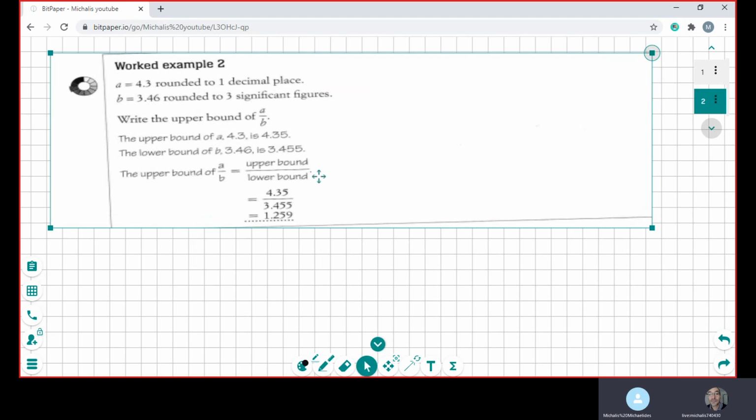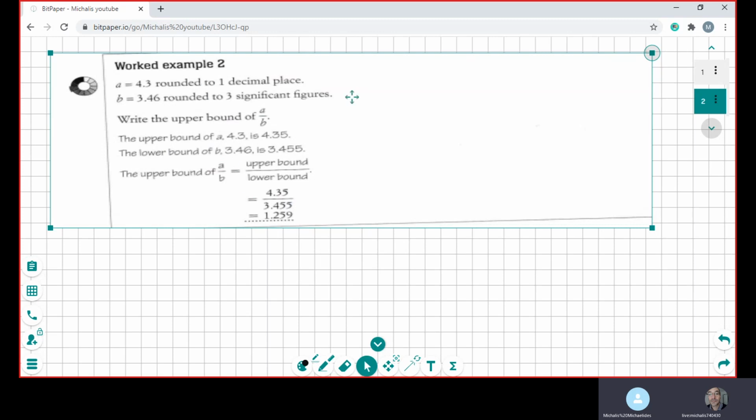So in this case, we divide the higher bound of the numerator, 4.35, by the lower bound of the denominator, 3.455. And this gives us the upper bound of the fraction a over b, which is 1.259.